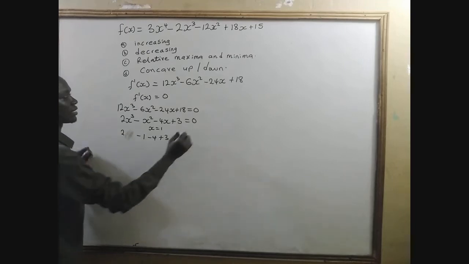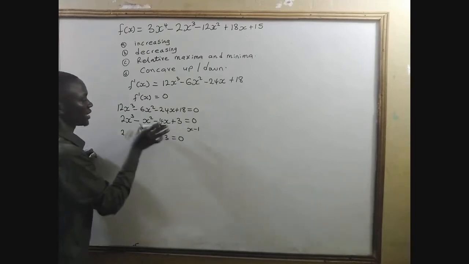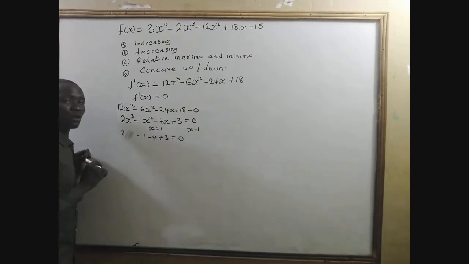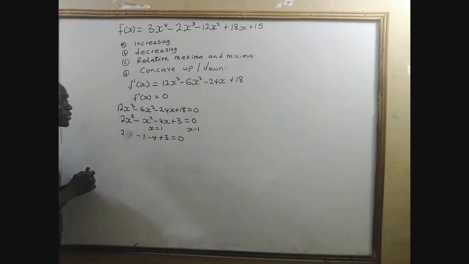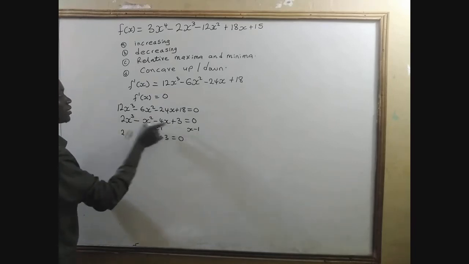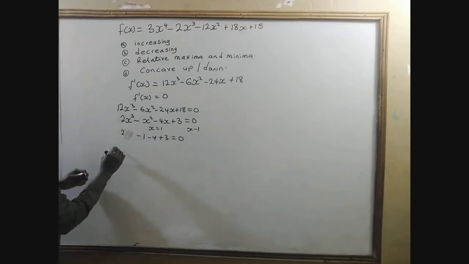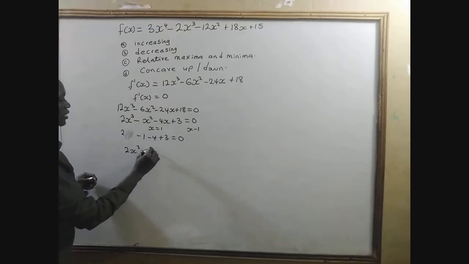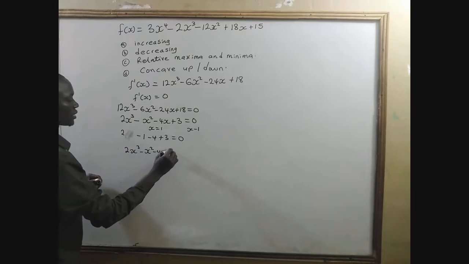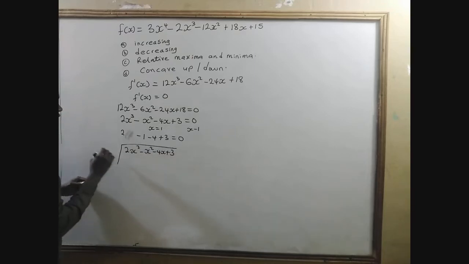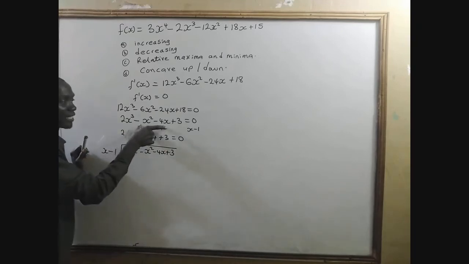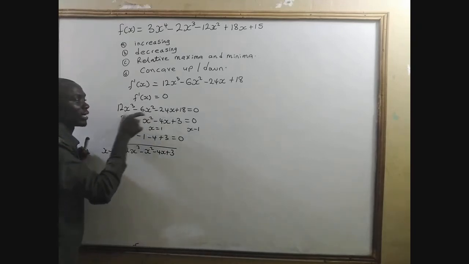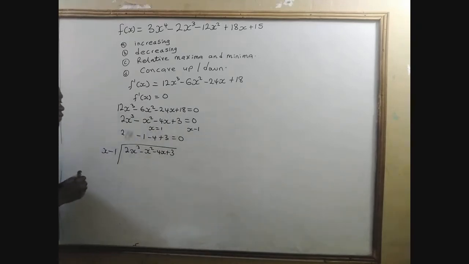This implies that x minus 1 is a factor of this cubic function. So let us divide this by x minus 1. So 2x cubed minus x squared minus 4x plus 3 divided by x minus 1. I reduced it. If you like, you will not reduce it and you will just test your values here.